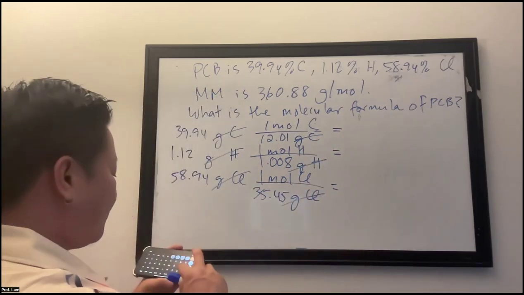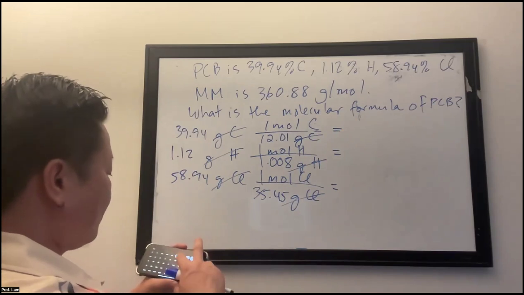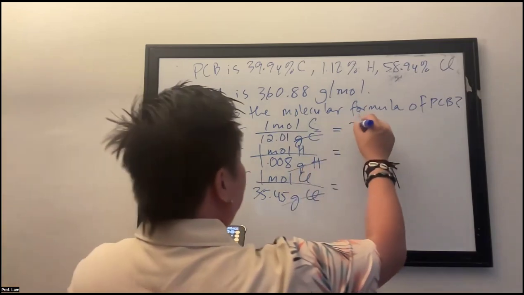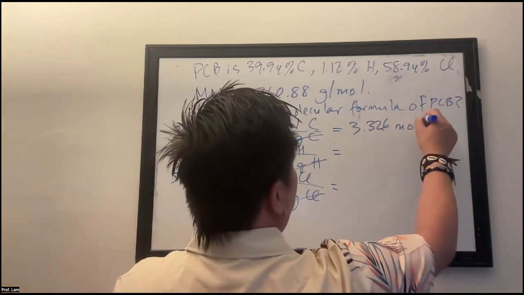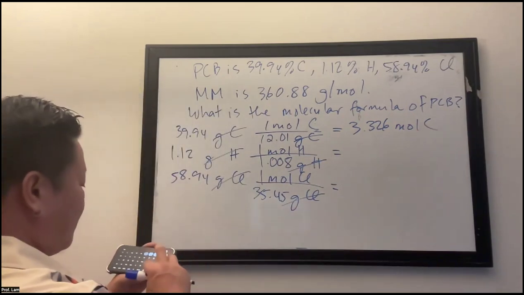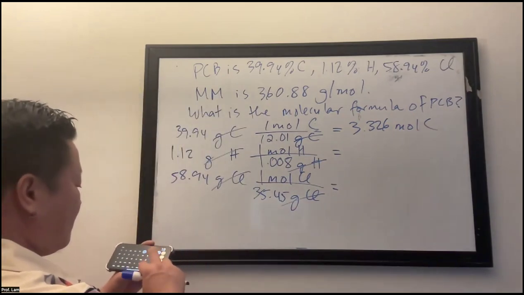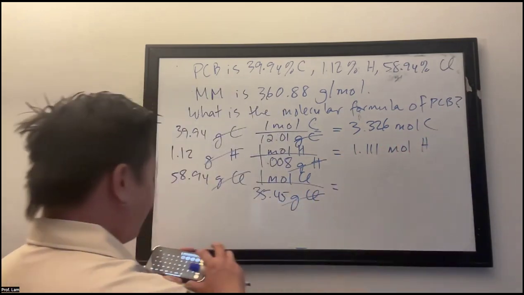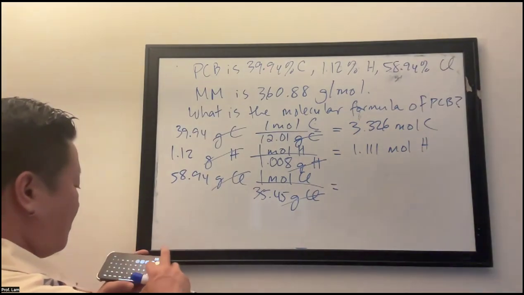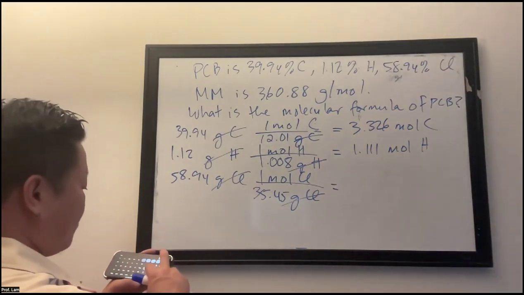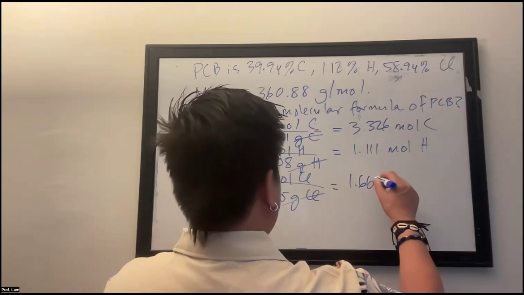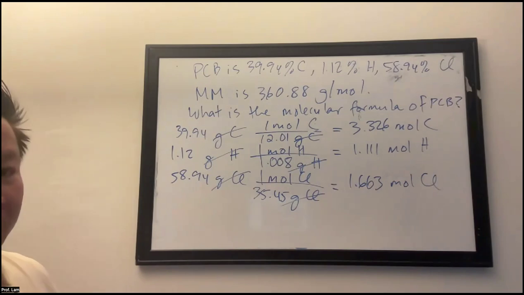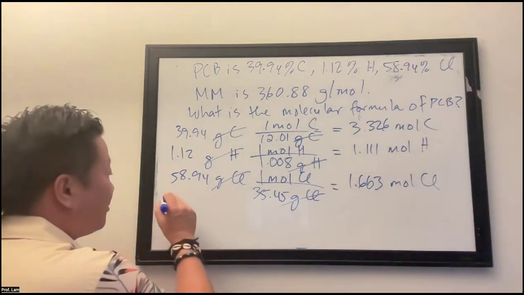And let's grab those numbers. 3.326 moles of carbon. 1.111 moles of hydrogen. 1.663 moles of chlorine.